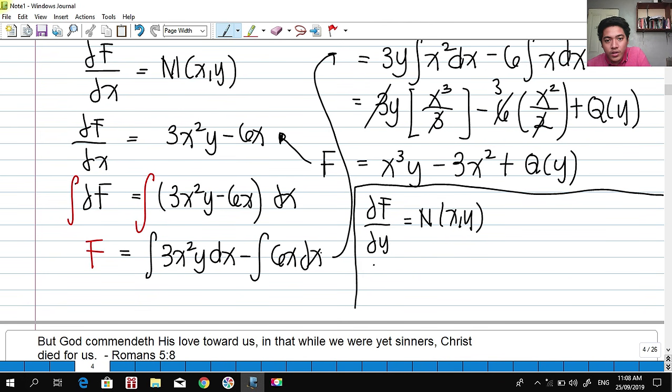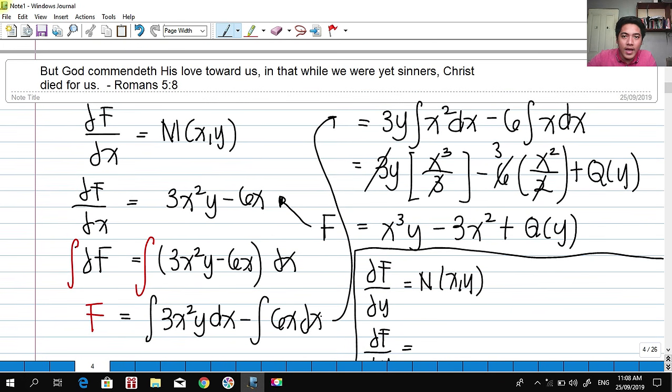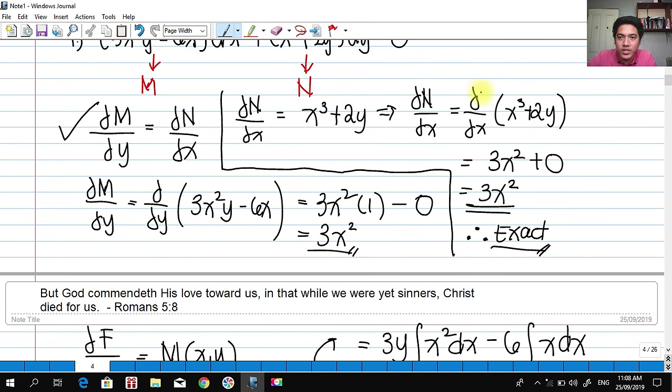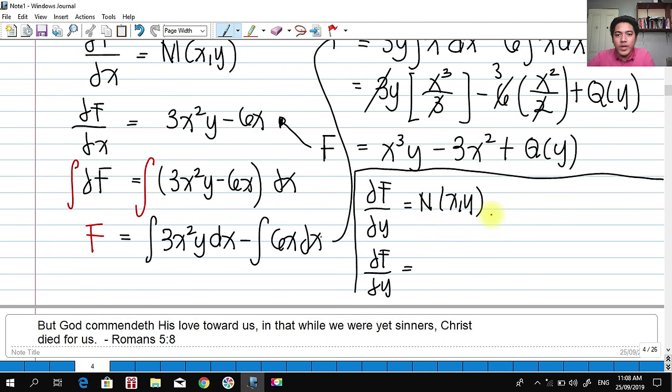And if you get this, partial of f with respect to y is equal to n in terms of x and y. That is x cubed plus 2y. So we have x cubed plus 2y.